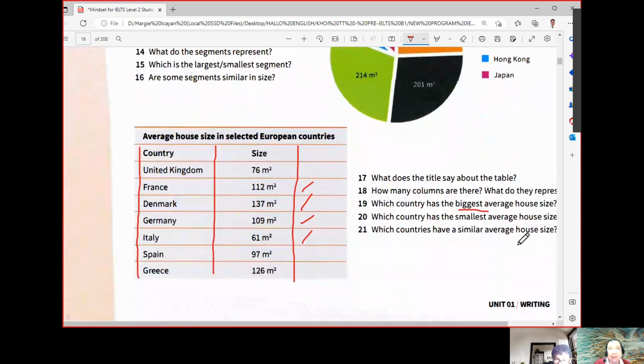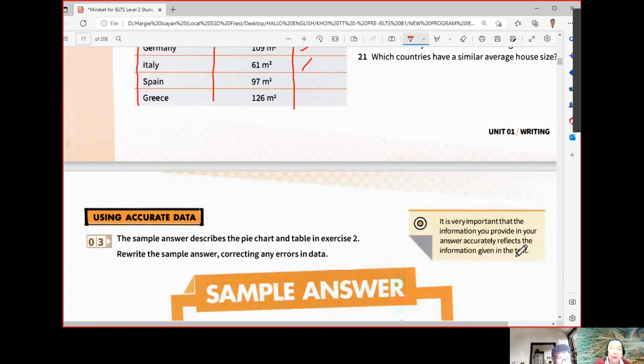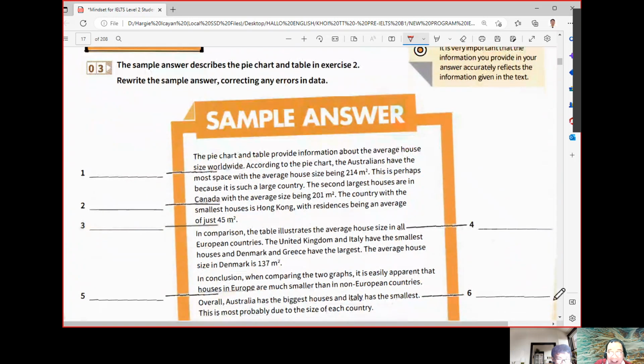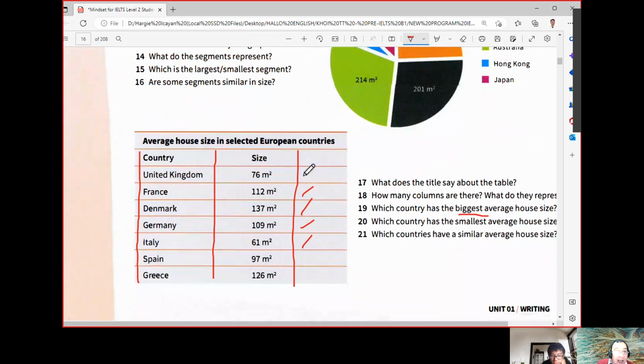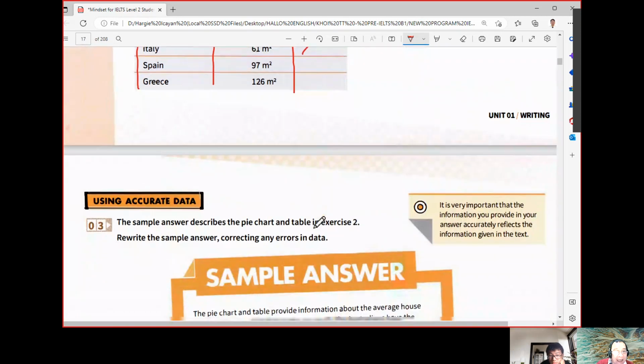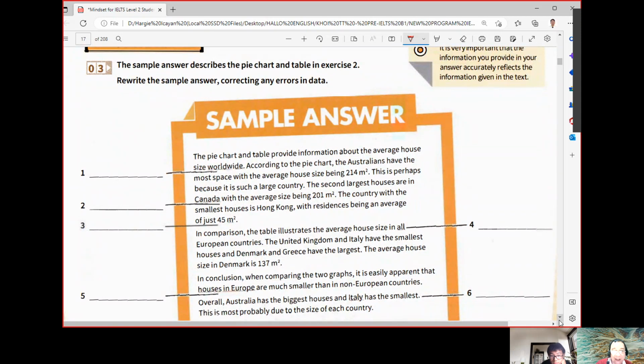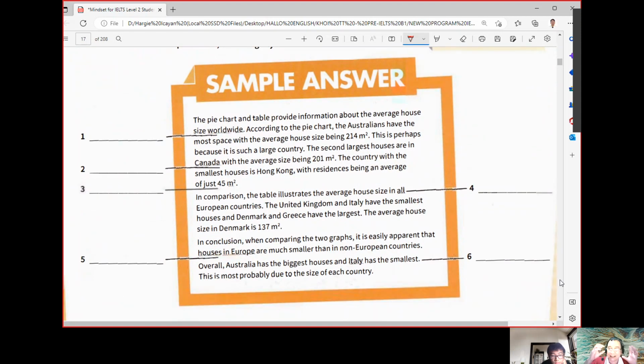Now this time, we are going to write them. The sample answer describes the pie chart and the table in exercise number 2. Sample answer. Please take note of the things in here.